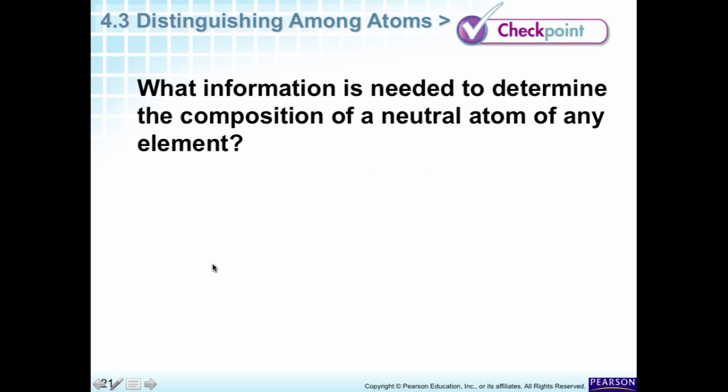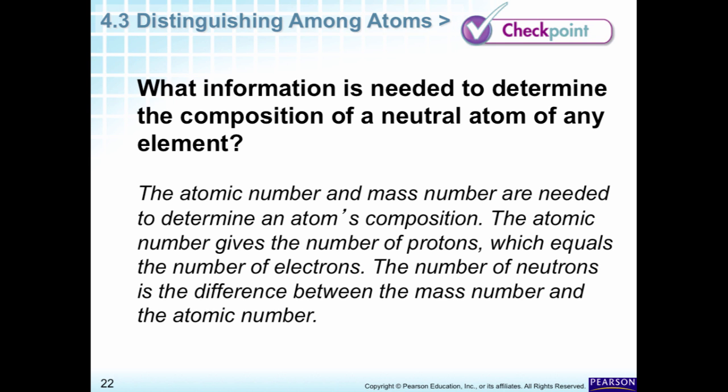So what information is needed to determine the composition of a neutral atom of any element? We need the mass number and the atomic number. So the atomic number and the mass number are needed to determine the atom's composition. All right, so we need both of those.